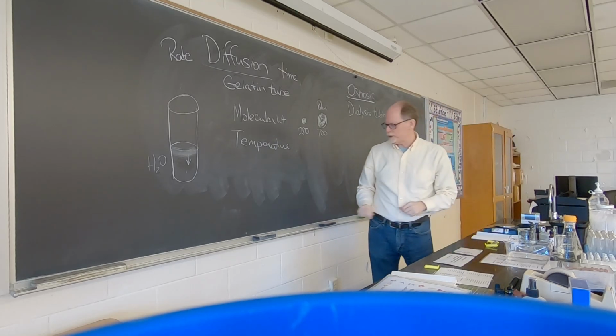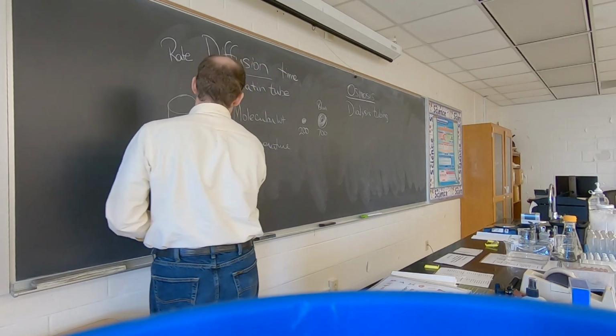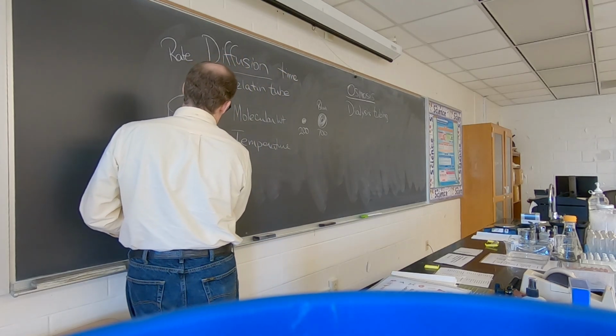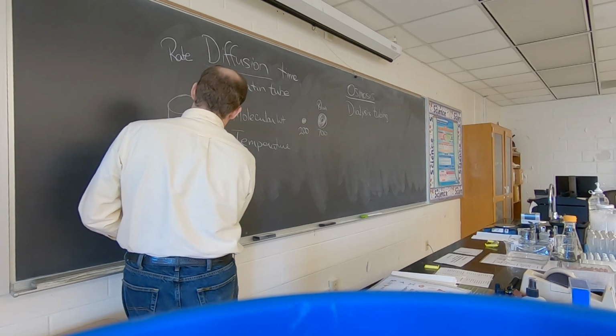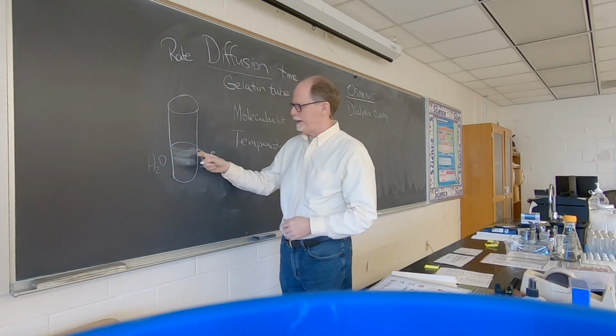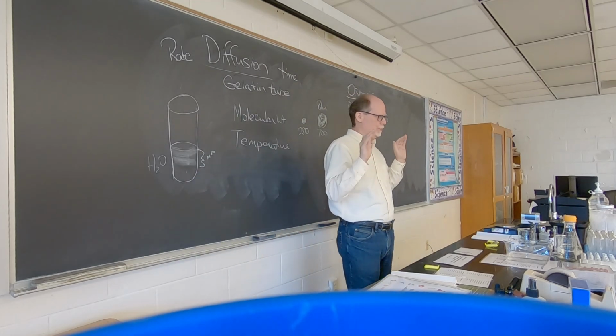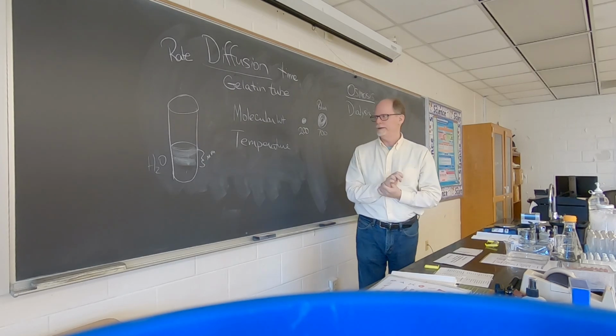We would take a measurement in millimeters. So if it starts there, and then it keeps moving, say down that far, then we'd measure the millimeters that it went down or diffused. It's sort of a crude way of measuring diffusion.